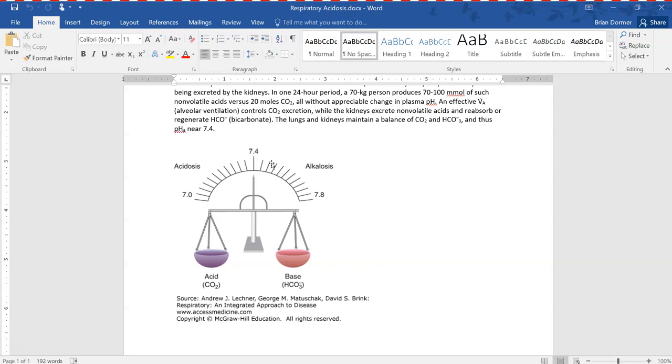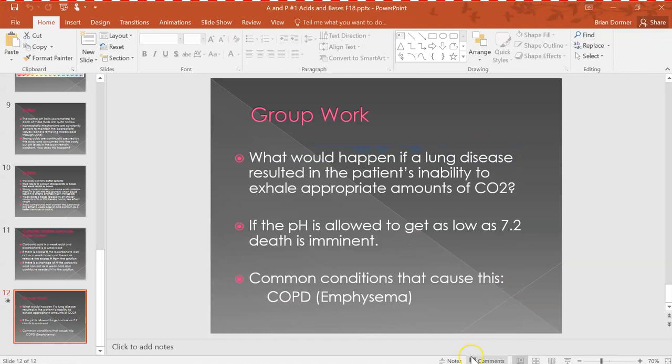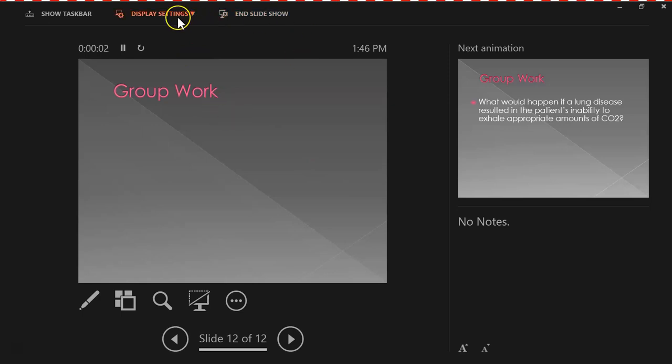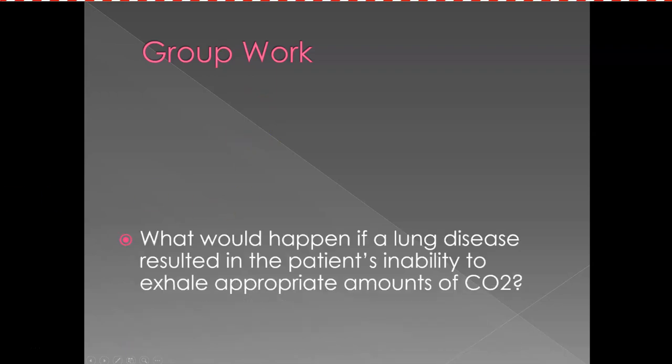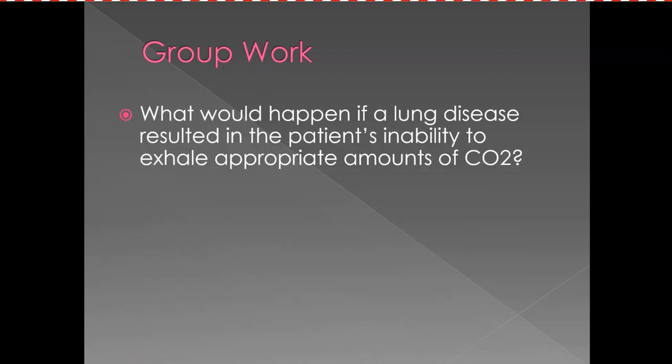Okay, so I have a question for you that I'll bring in class, and that is the following. Question number 1. What would happen if a lung disease resulted in the patient's inability to exhale appropriate amounts of CO2?